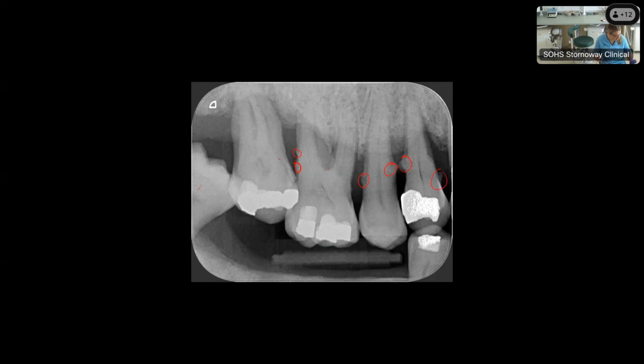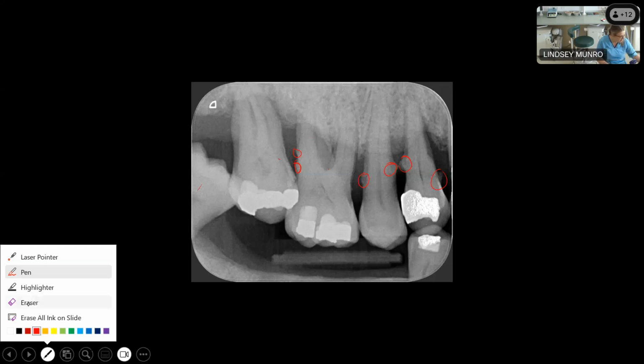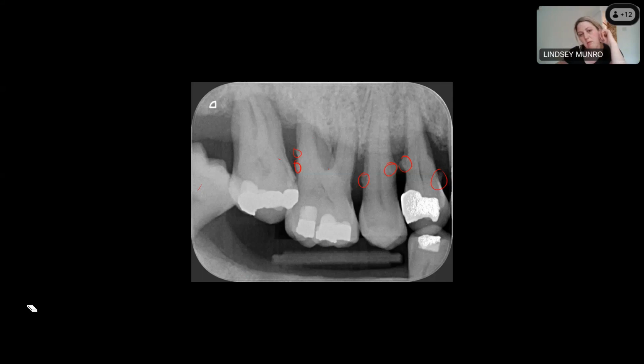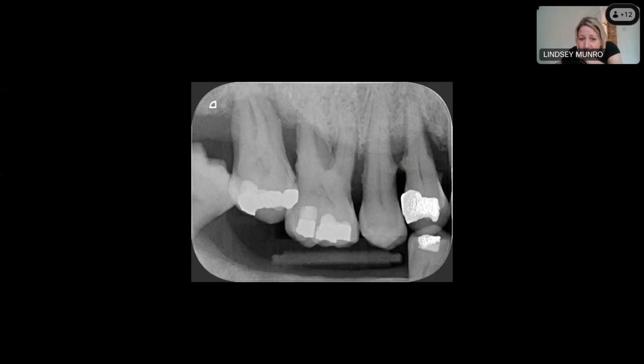What else? A few things to talk about here. Widening of the PDL on all those 4 teeth. Yeah, absolutely. I think they've got a bit of a perio issue. And the bone levels. Would you say the worst affected area was the 1-6 distal at 75%? Okay, I'm going to trace the line of the bone.